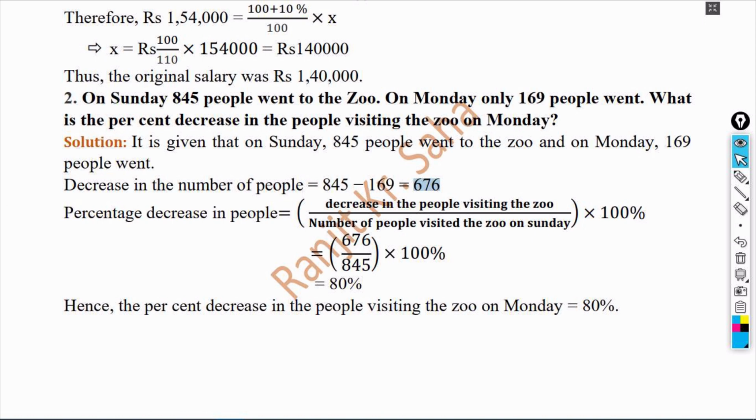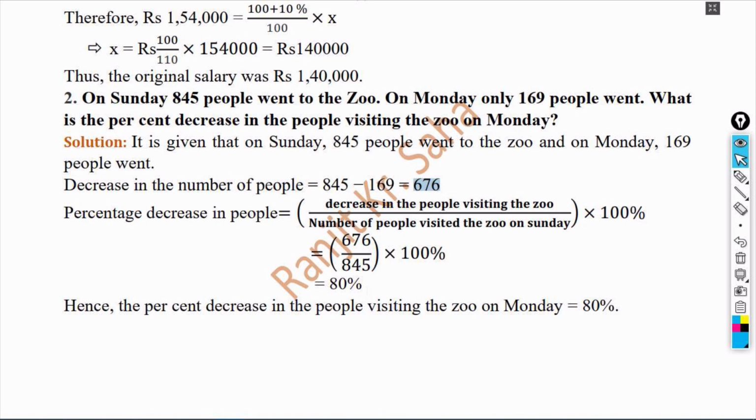Then calculate the percent decrease in the people visiting the zoo by dividing by the number of people who visited the zoo on Sunday, into 100, that is 676 by 845 into 100, it is 80%.